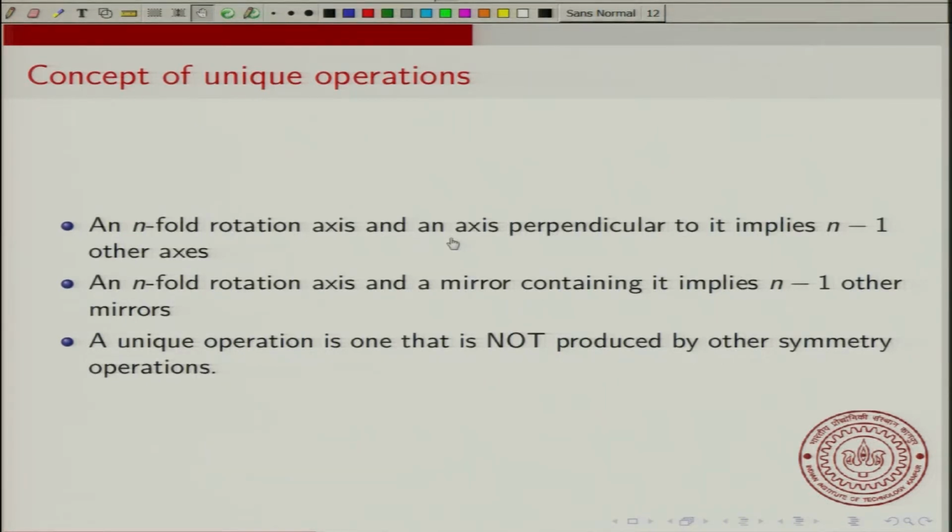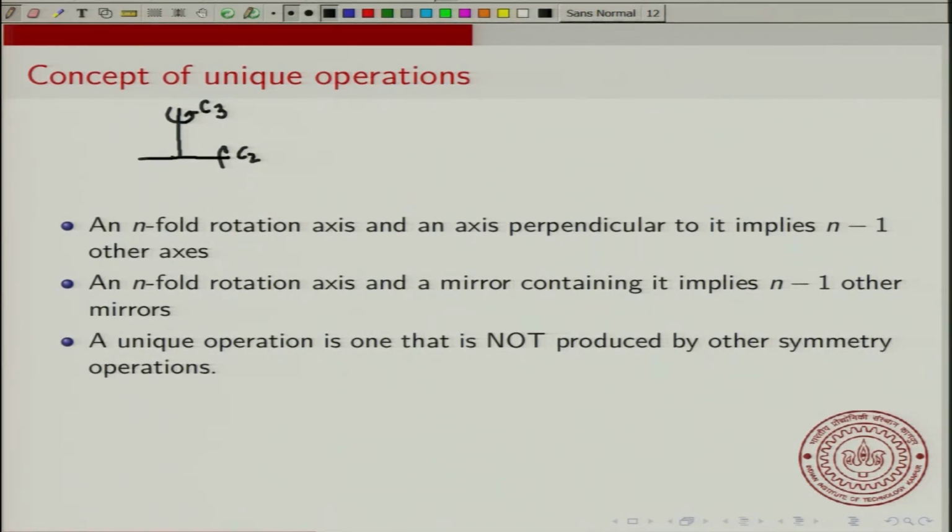Let us say you have a C3 axis, and in the plane perpendicular to it you have a C2. So the C2 is perpendicular to the C3. Now having a C3 automatically implies that you should have two more C2s.